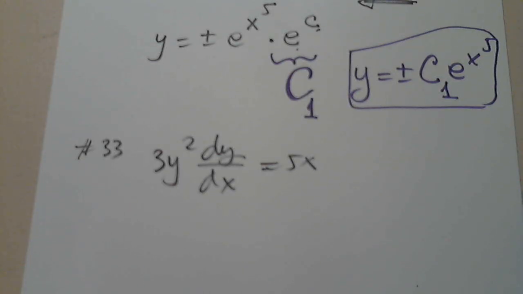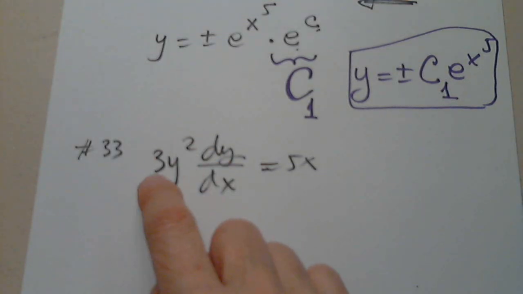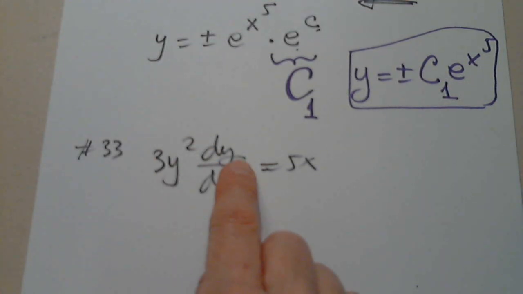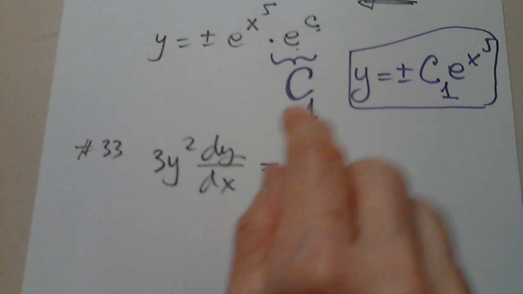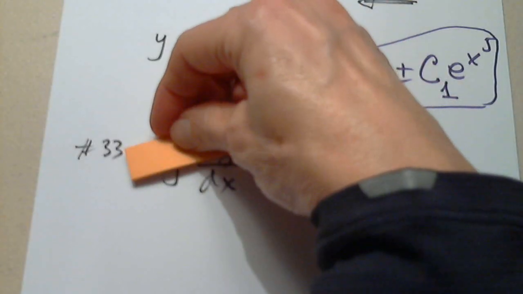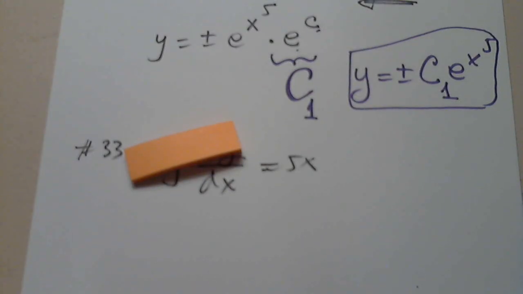Divide by 3y squared. No, because I have 3, I have y squared, and I have dy. So these are good. Multiply dx. Say it again. Multiply both sides by dx.